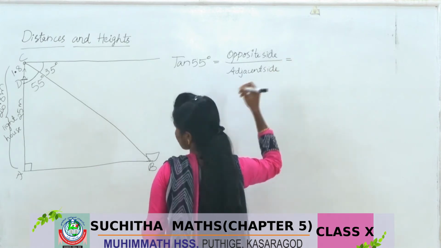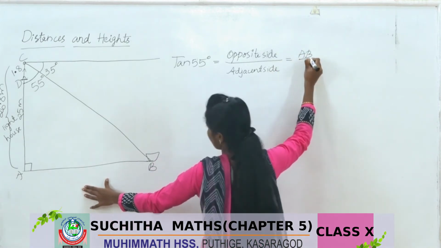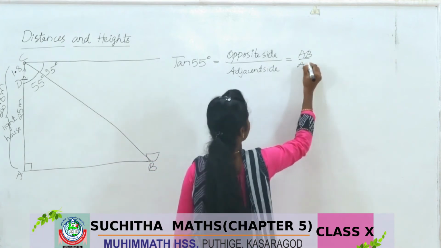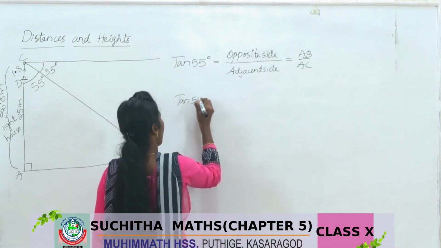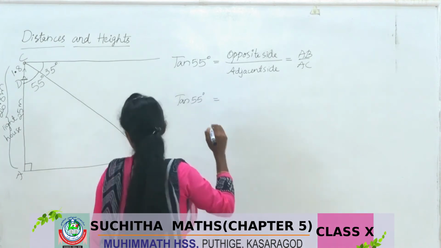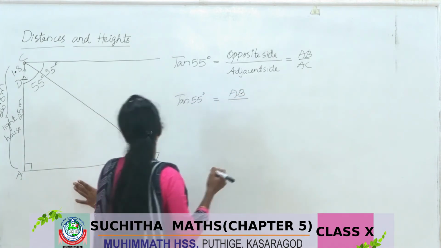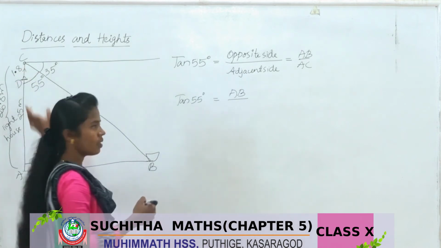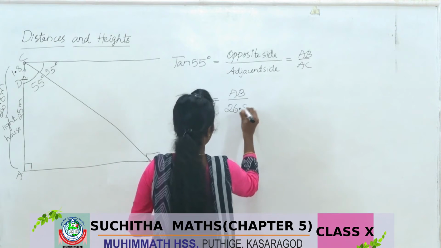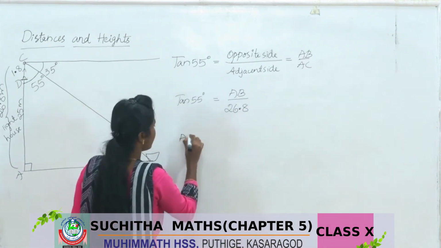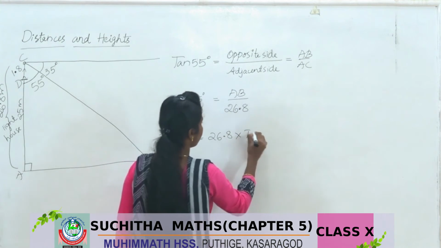The opposite side is AB, divided by the adjacent side AC. So tan 55 degree equal to AB divided by AC. The length of AC is 26.8. Therefore AB equal to 26.8 into tan 55 degree.